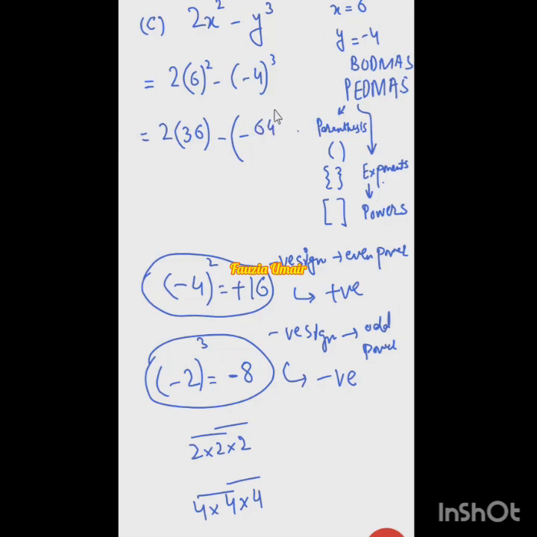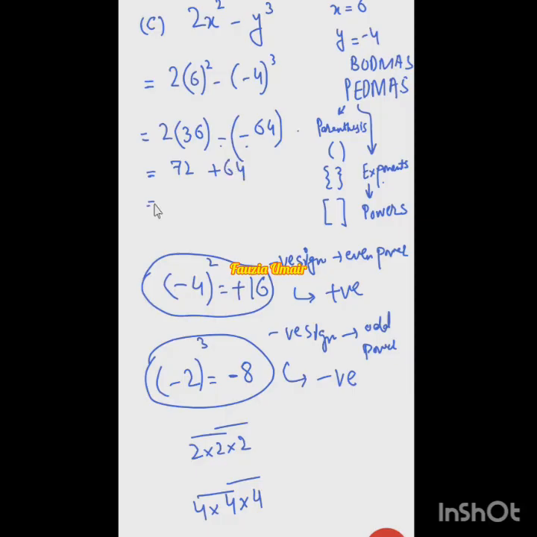So 4 cube is 64. Now we have solved the powers, right? Now we can solve. 36 into 2 is 72. Minus multiplied by a minus sign, or you can see it this way: there is a minus sign outside the bracket, so this sign will be switched. This sign will be changed. So it will be plus 64.